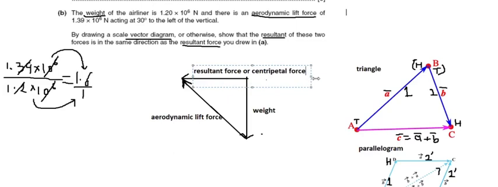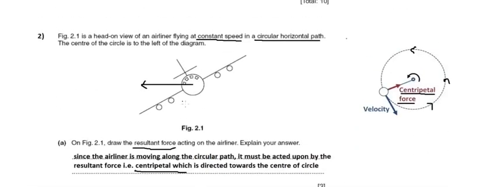Okay. So addition of these forces is what? It is nothing but the resultant force, and it is directed towards the left, which is nothing but this point. You can say this point is nothing but the center of that imaginary circle. So the resultant force or centripetal force is directed towards the left, to the center of the imaginary circle. So what we have drawn here in our diagram is correct.